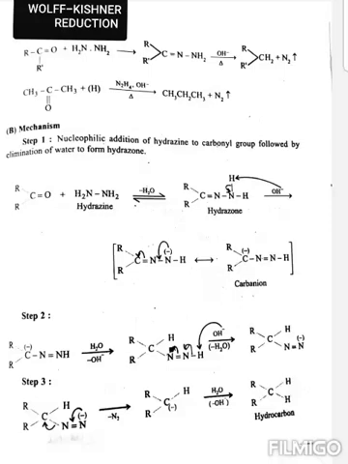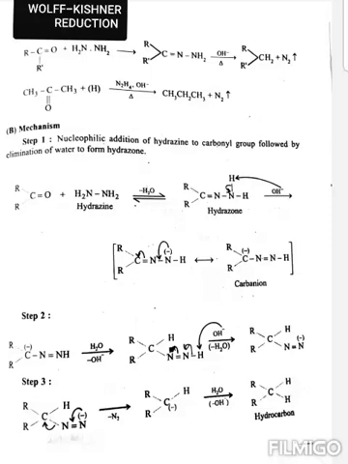In the second step, this carbanion reacts with a water molecule, which donates a proton to the reaction. This hydrogen is attached to the carbon atom with the elimination of the OH minus ion, forming an intermediate. This intermediate reacts with the hydroxyl ion.